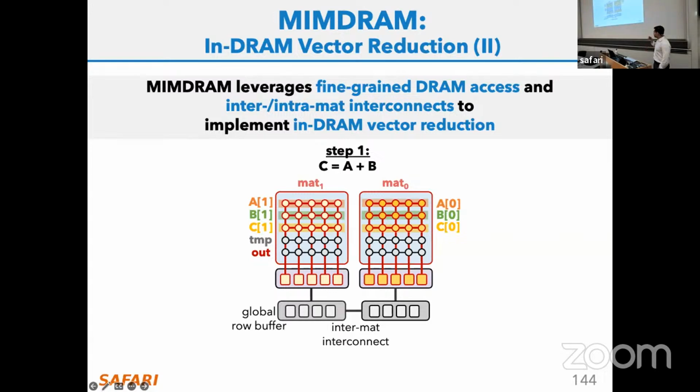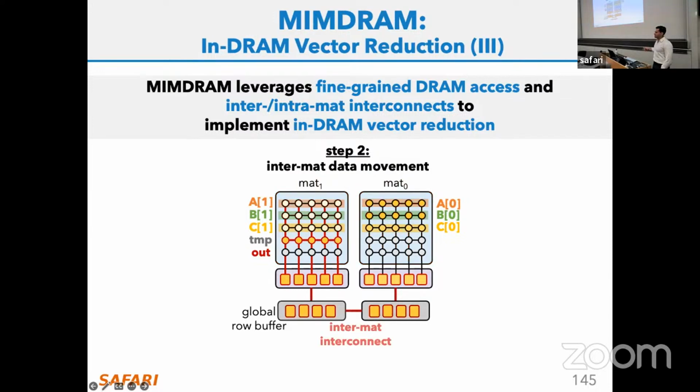We compute the first step of that addition inside both DRAM mats here, and then, as I mentioned, we are implementing an adder tree. So then we need to move the data from one mat to another mat, and then we do the addition again, but only involving that second mat here. Then this process repeats across the different columns inside the mats, using the inter-mat network as well.